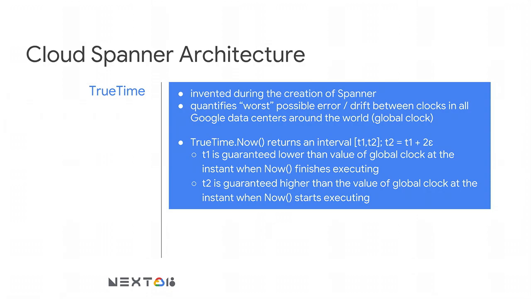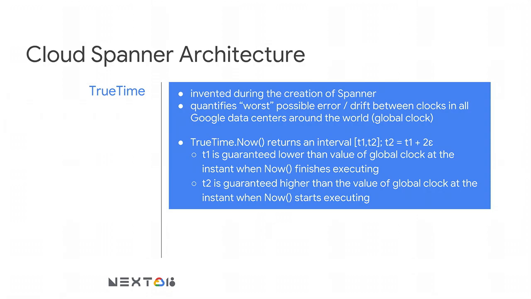And then we can quantify how much they drift at most. By this, we are able to choose a timestamp interval where we can say that the lower end of this interval has passed everywhere, and the upper end of this interval has passed nowhere.